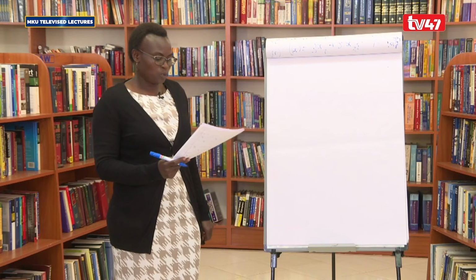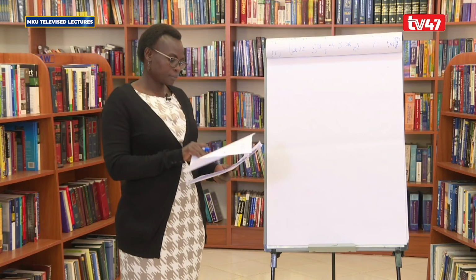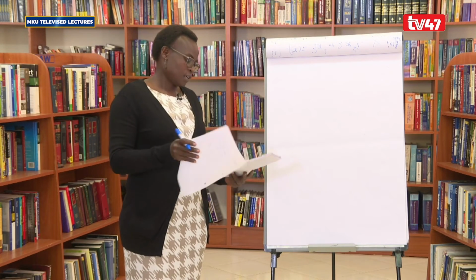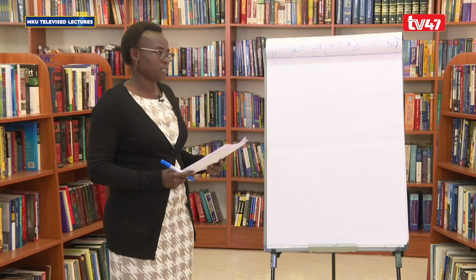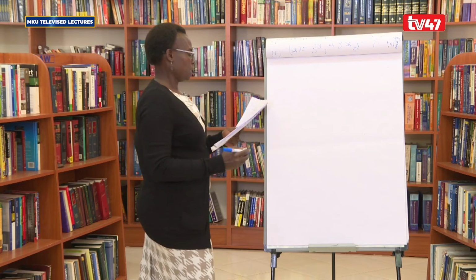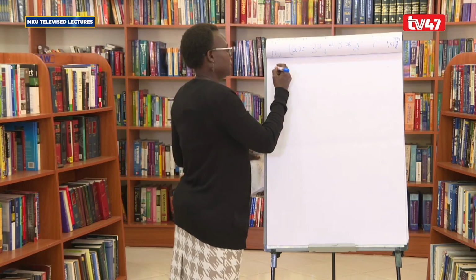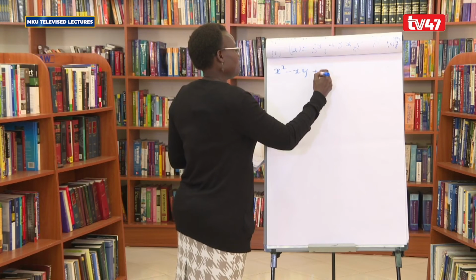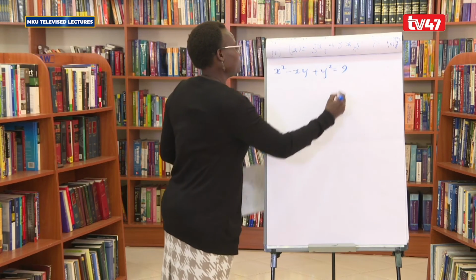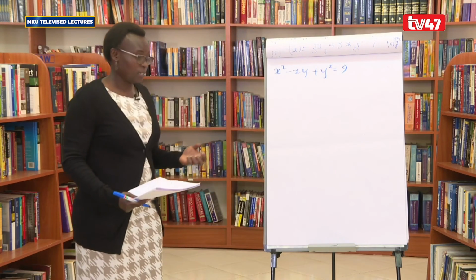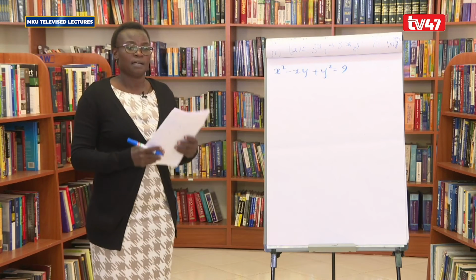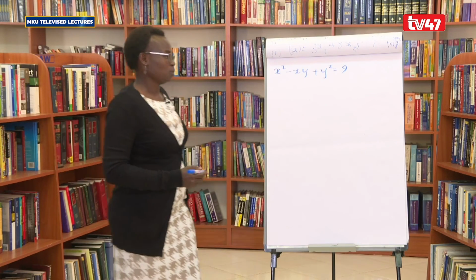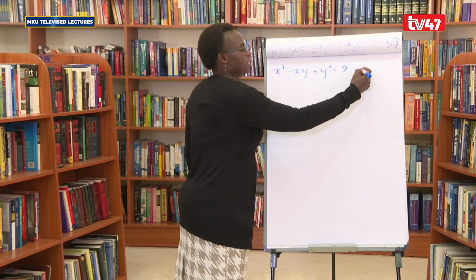So we do an example on implicit functions rather. So we have x squared minus xy plus y squared is equals to 9, and we are supposed to get the second derivative.